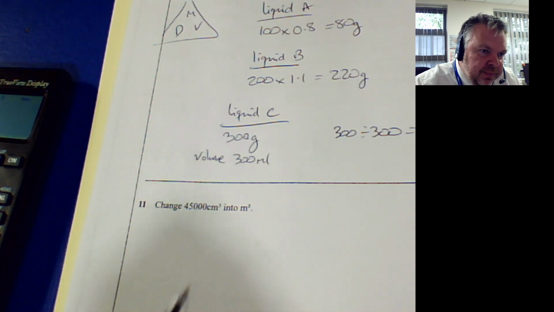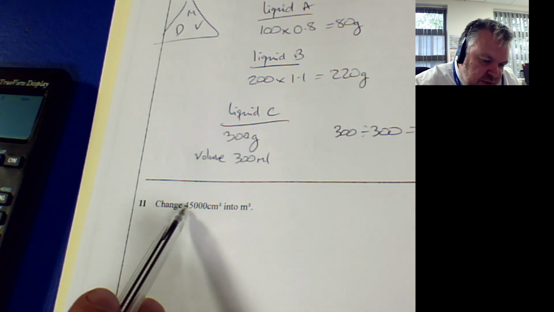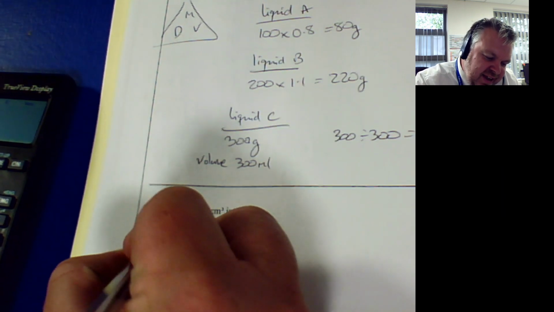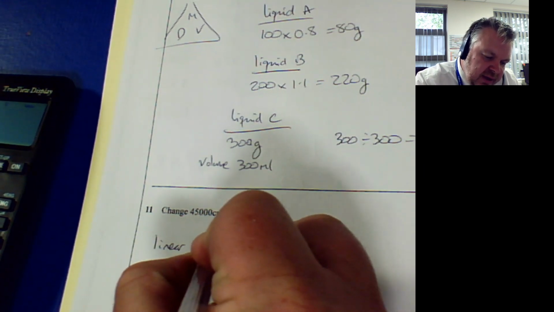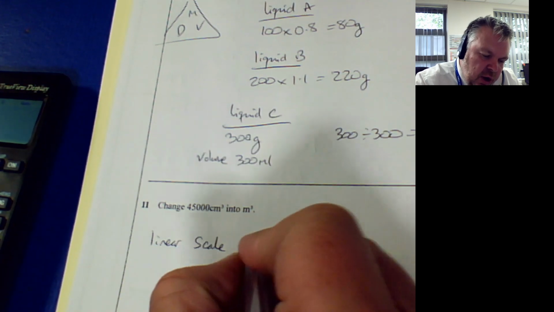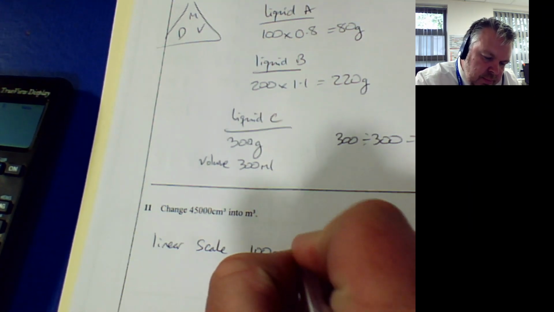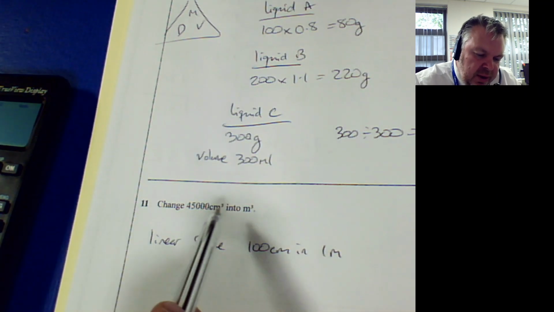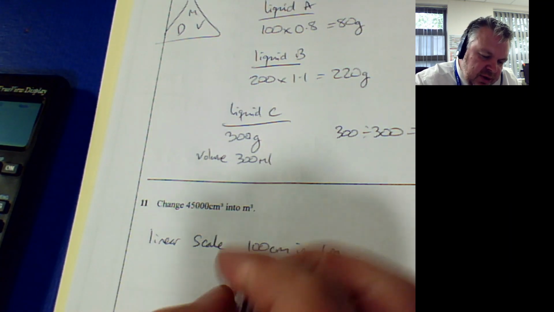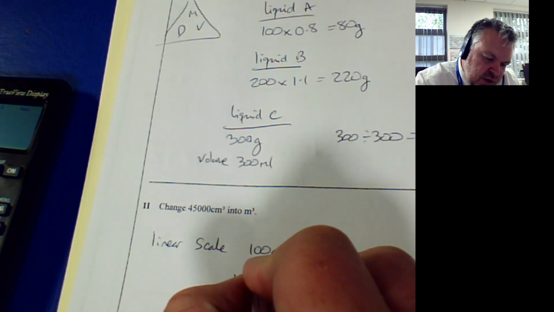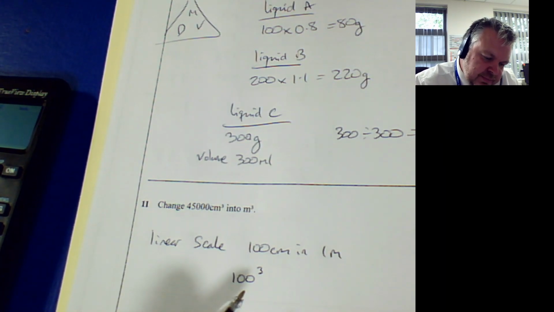So, here we go. Let's do centimetres to metres first. So if it was just a linear scale, then there are 100 centimetres in a metre. Now we're doing it cubed, so we're going to have to do 3 lots of this, so we're going to get 100 cubed.